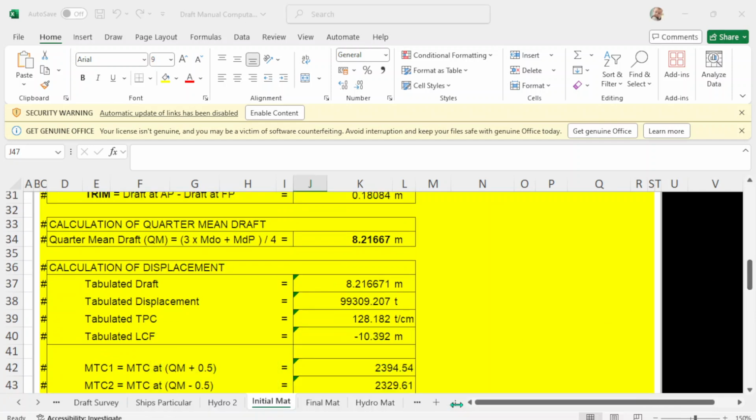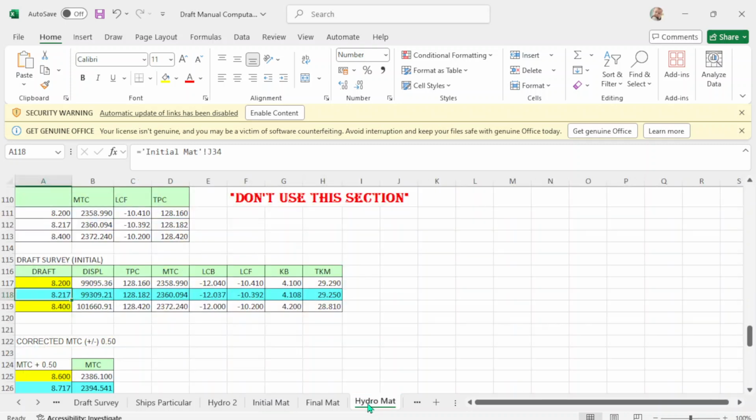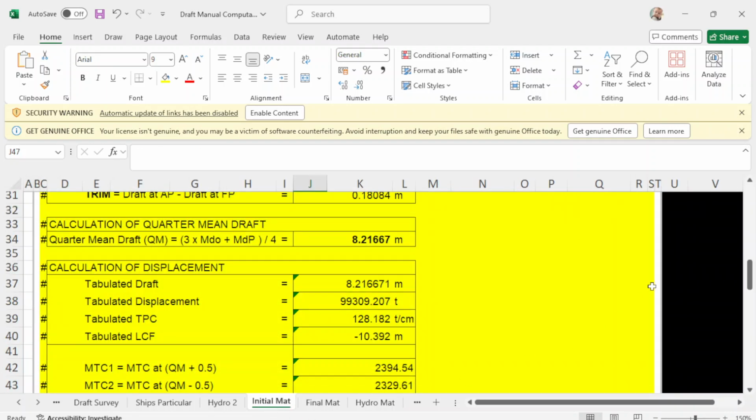Check here, go to the hydrostatic table. LCF is 128.182. LCF is negative 0.39.